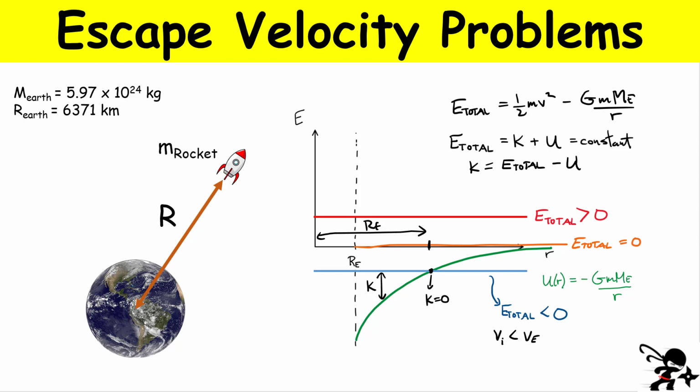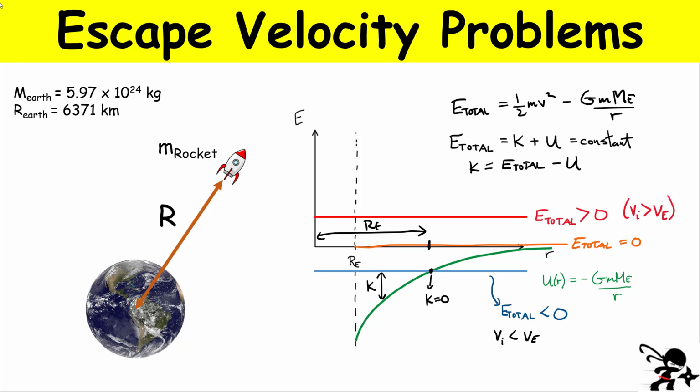Now, the last case: I had an initial velocity that was bigger than the escape velocity. That is represented by this red line. The initial speed was greater because I had 15 kilometers per second, bigger than my escape velocity for the Earth.